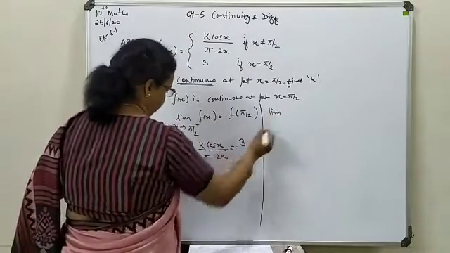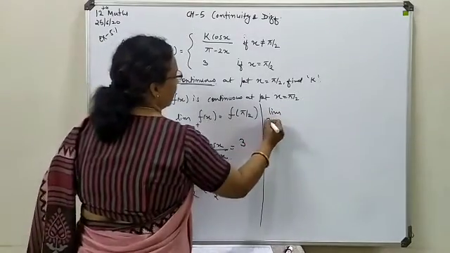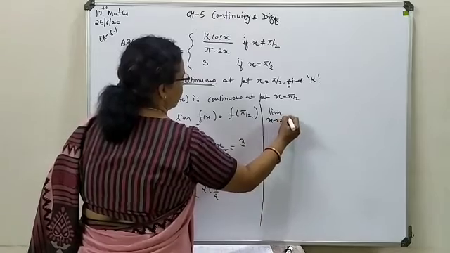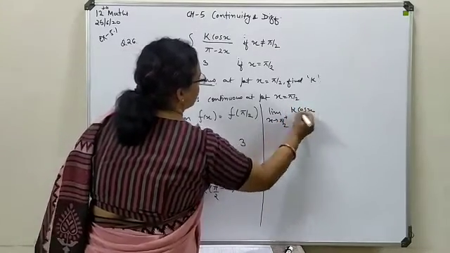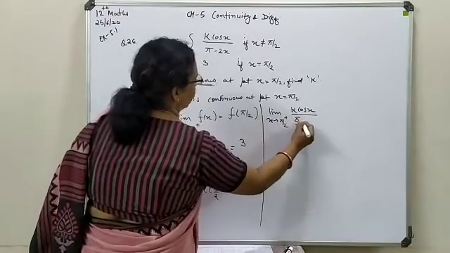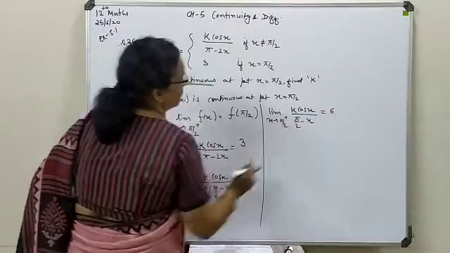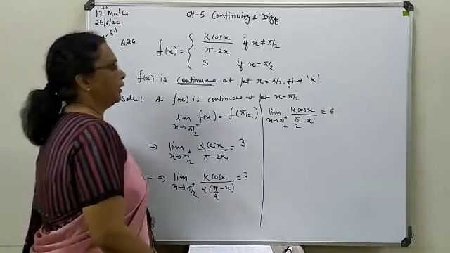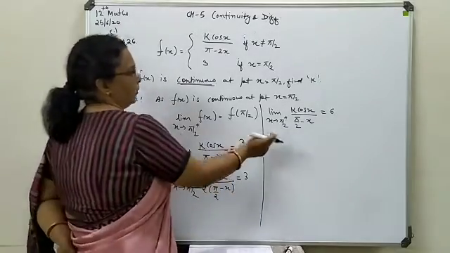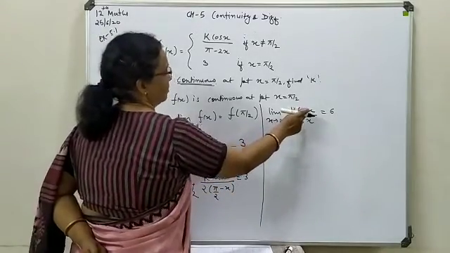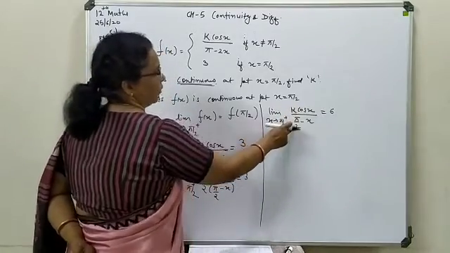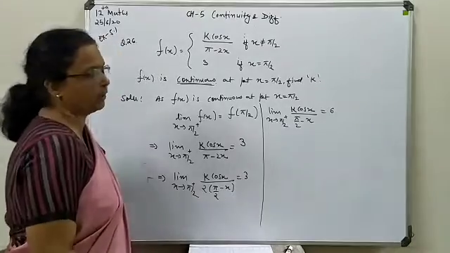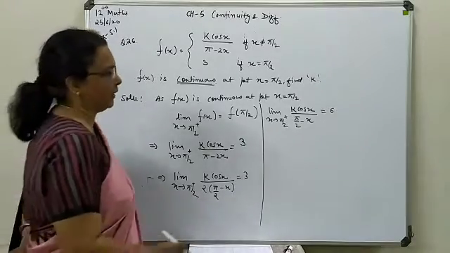Limit x tends to pi by 2 plus, k cos x upon pi by 2 minus x, and this becomes 6. Now here, to match this x with this angle, because here also x is available, this cos you can write with a pi by 2 difference, so it can be written in the form of sine.